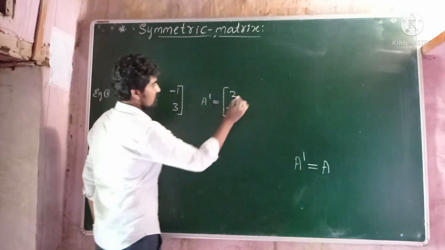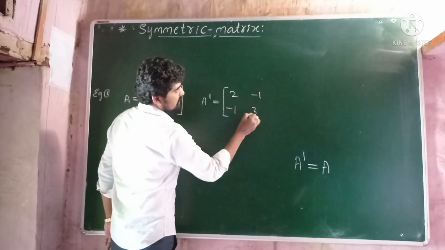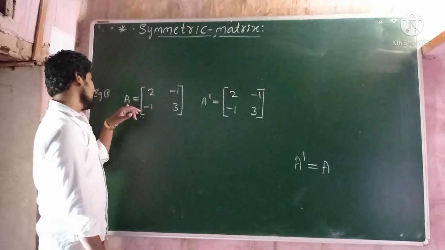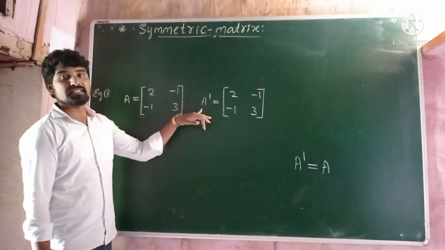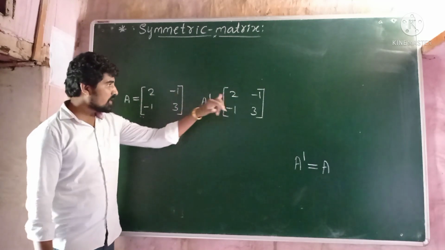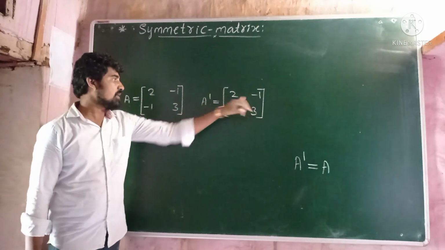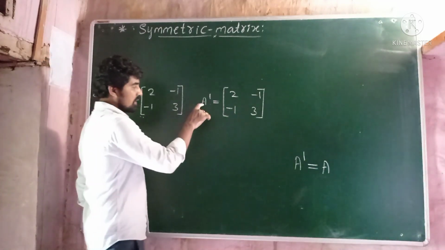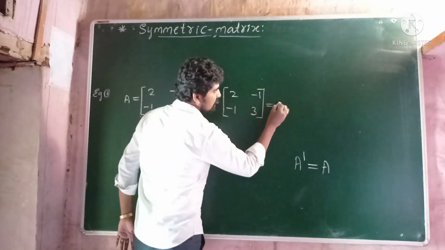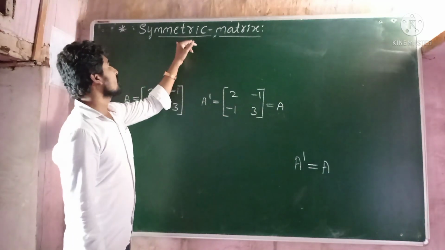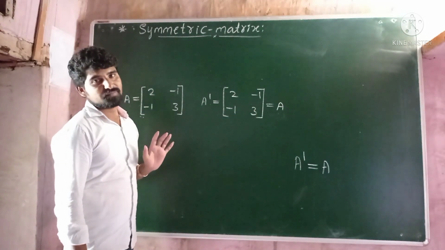Second row becomes second column, -1, 3. You may observe here both the matrices A and A dash are equal matrices. Why? Because corresponding elements of both the matrices are equal. It means this matrix A dash is equal to A. Hence, this matrix A is one of the symmetric matrices.